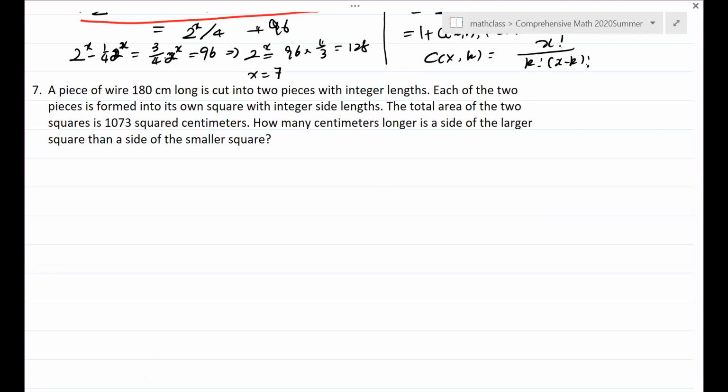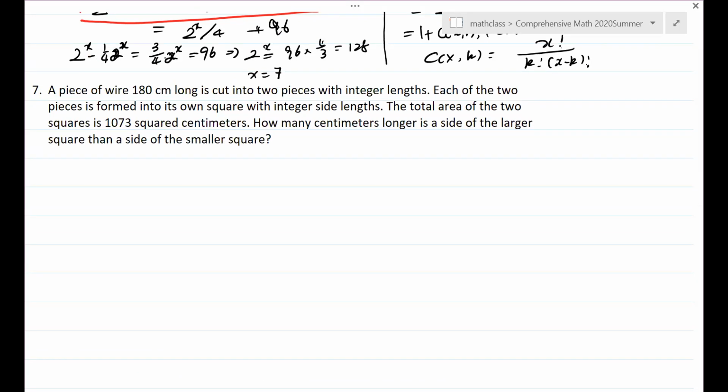And the total area of the two squares is 1,073 square centimeters. How many centimeters longer is the side of the largest square than the smallest square?